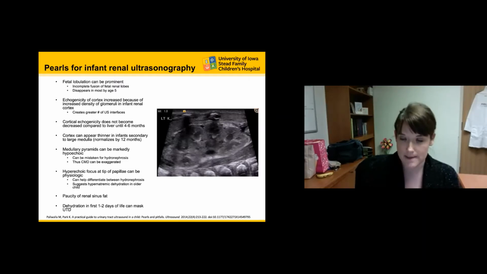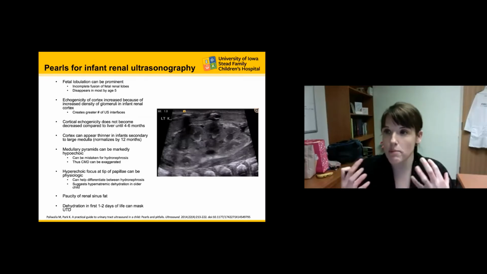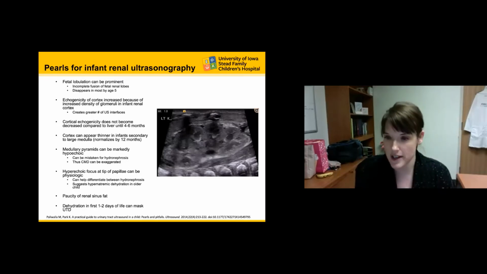The other thing that you notice in infant ultrasounds is that the medullary pyramids are much more prominent. Usually in older children, those medullary pyramids kind of go away. And so they create this corticomedullary differentiation that you hear about.